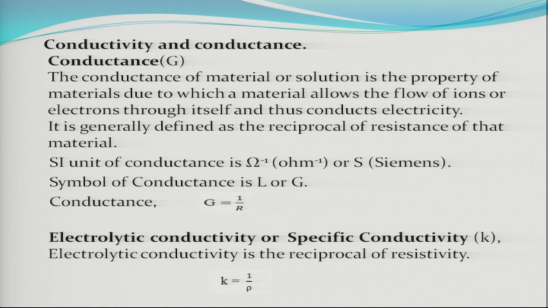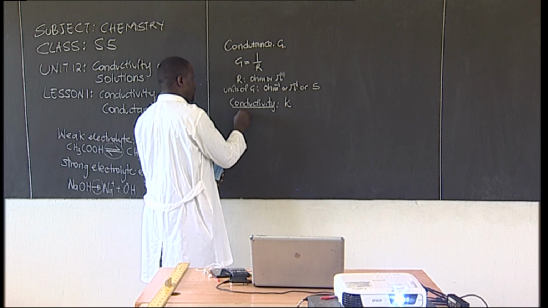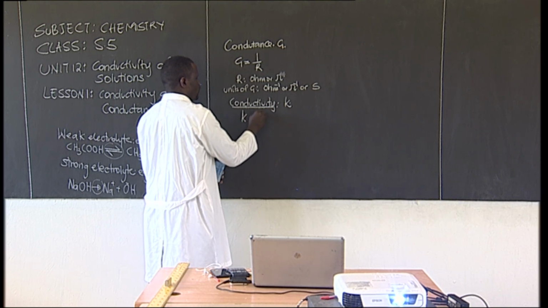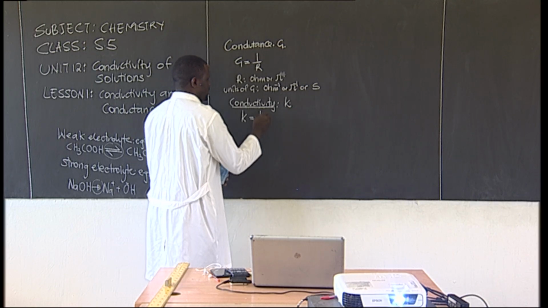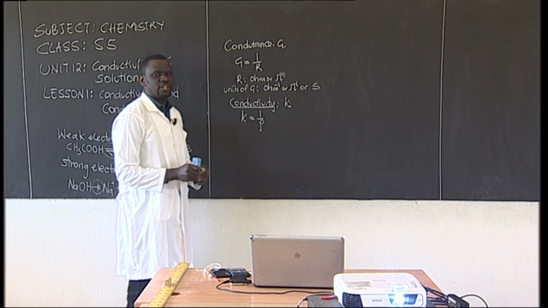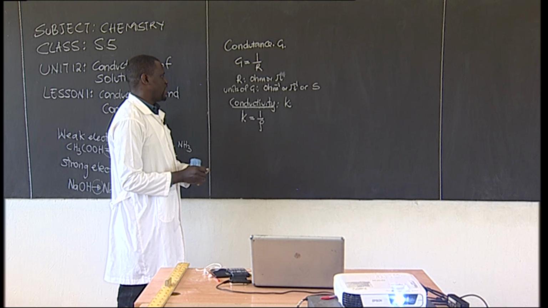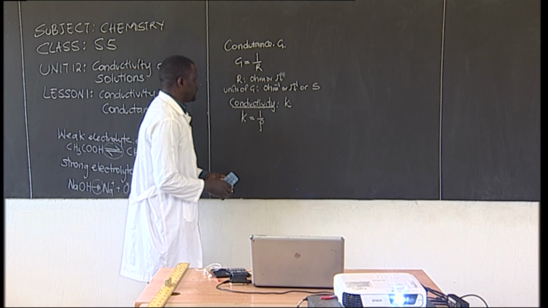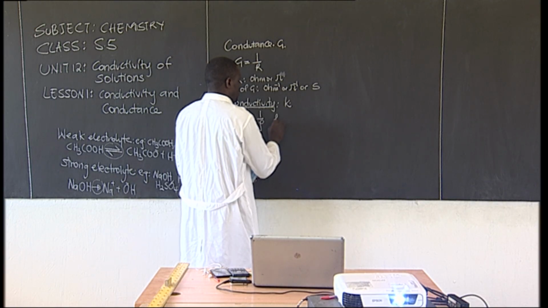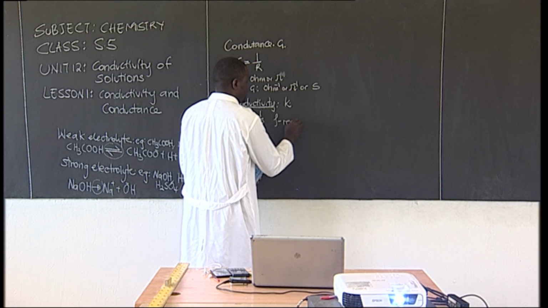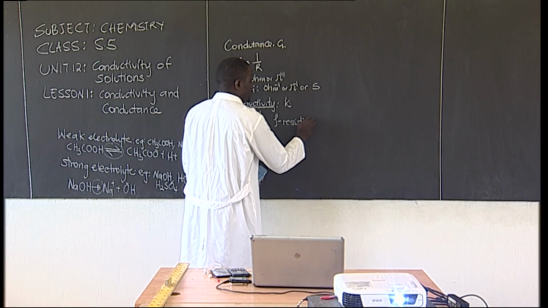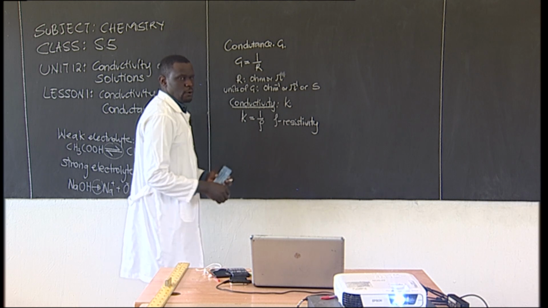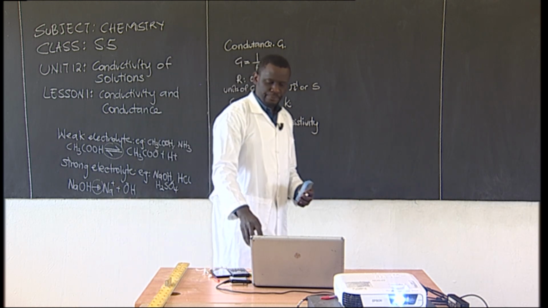So here we are going to say that this conductivity, it has also a mathematical definition, is a reciprocal of resistivity. Reciprocal of what? Resistivity. It's good for us to write that this is the resistivity. So we continue.